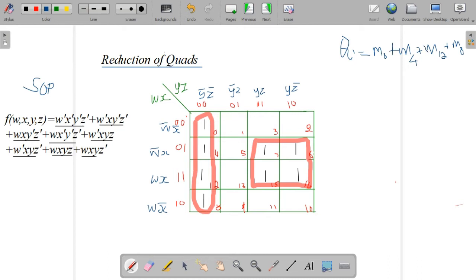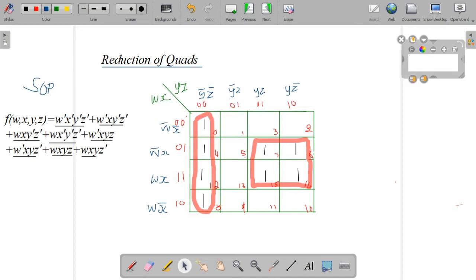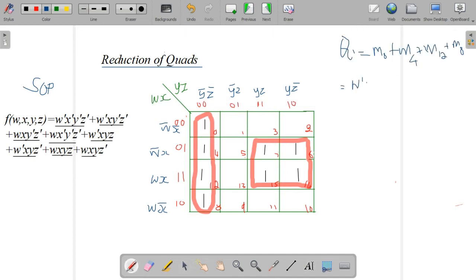Consider these all are small letters, that is, minterms. Then how do we write? M0 means what are the literals? We need to write the literals here. From the question itself, or from the minterms, we can write W dash, X dash. This I will write like this.